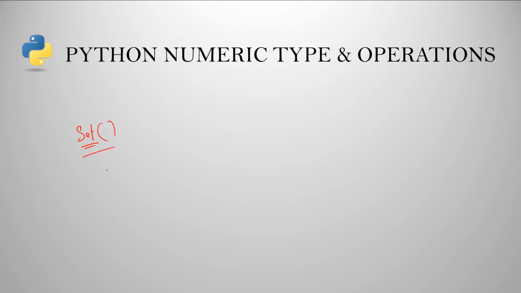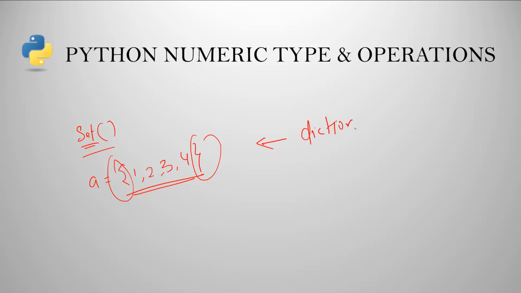So whenever we define a set, this curly braces form is basically reserved for dictionaries. To create a set, you have to give set.